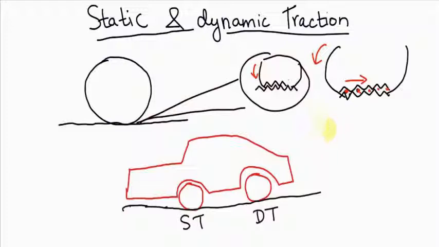So what we can say is that in static traction, the tire just rolls over the road surface. In dynamic traction, there is some more external force that acts between the road surface and the tire surface. This is the basic difference, how static and dynamic traction come into existence.